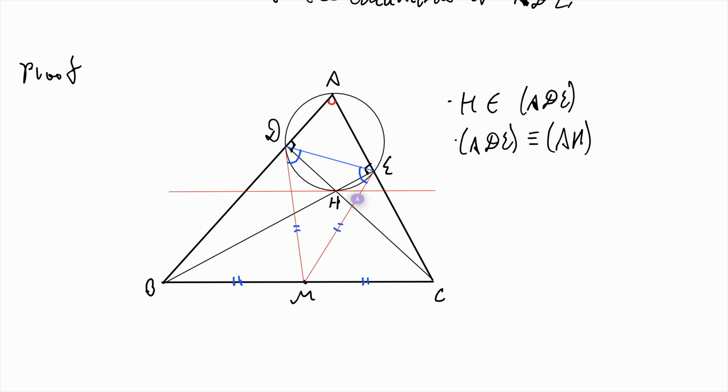So let's say red equals 180 minus C minus B. And this is equal to, what is C? C is this one, because this and this are equal to each other. 180 minus B minus MEC, angle MEC.